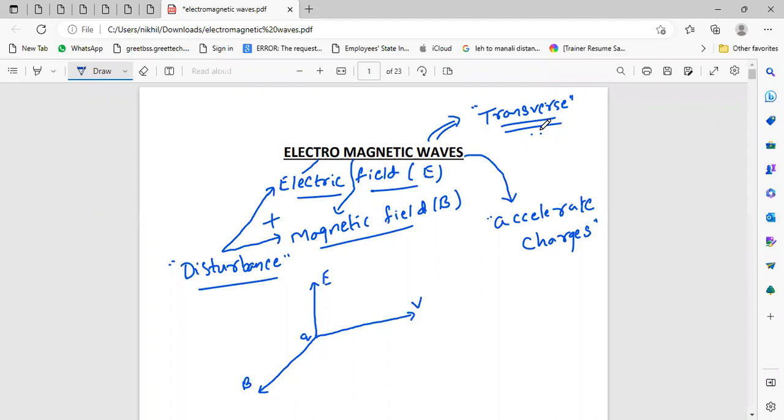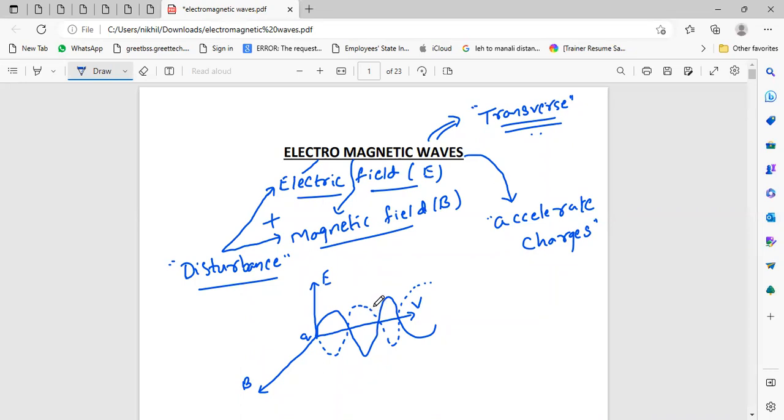In order to create electromagnetic waves, you have to apply both electric and magnetic fields. Whenever you apply the electric and magnetic field, the charged particle is going to accelerate and it creates its own wave. This wave is what we call the electromagnetic wave.